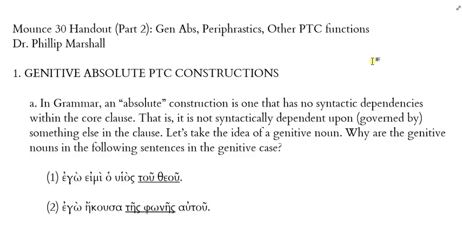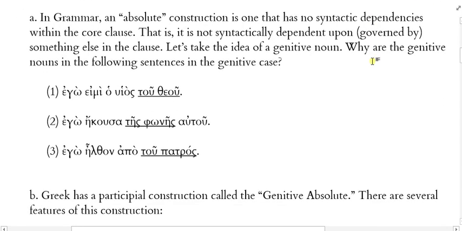Now, let's take the genitive nouns here in our examples. And I want you to think about why these nouns are genitive. So look at number 1. We have ego eimi huios tu theou. I've underlined the genitive expression here. Why is tu theou in the genitive case here? I am the son tu theou. Yeah, why is that genitive?